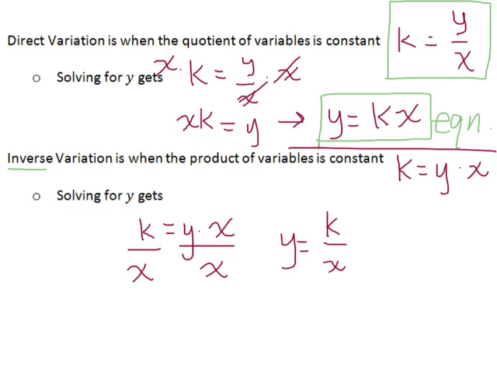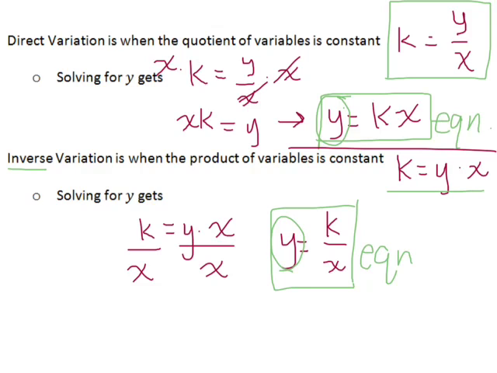And again, the one that has y equals is always the equation, and the one that has k equals is always the way that helps us to find the value of k.